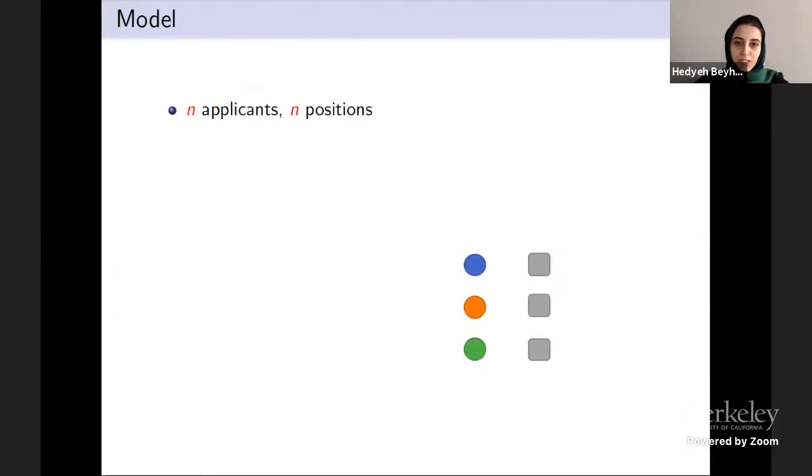We have n applicants and n positions. We show the applicants by circles and the positions by squares. We focus on the case that the preferences come independently from a uniform distribution that Clay also mentioned in his talk. This simple case lets us make our analysis more tractable, and also we see interesting facts even in this simple case.